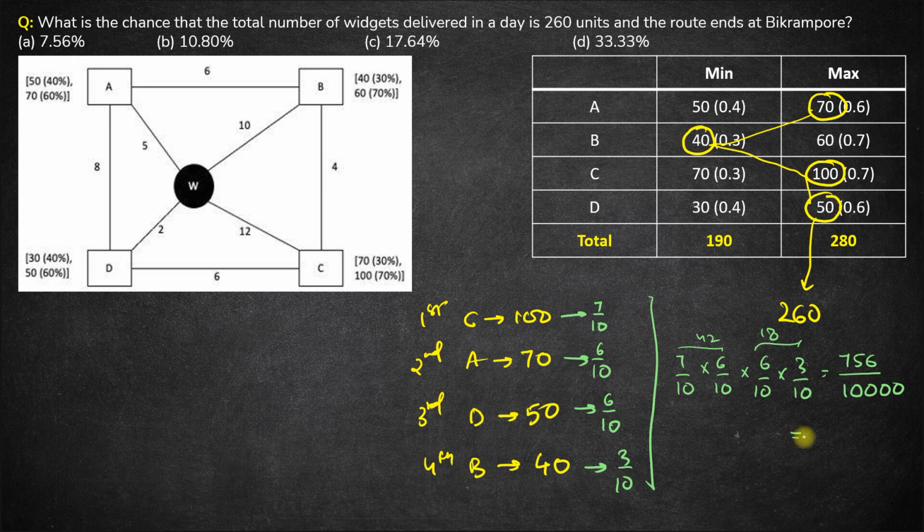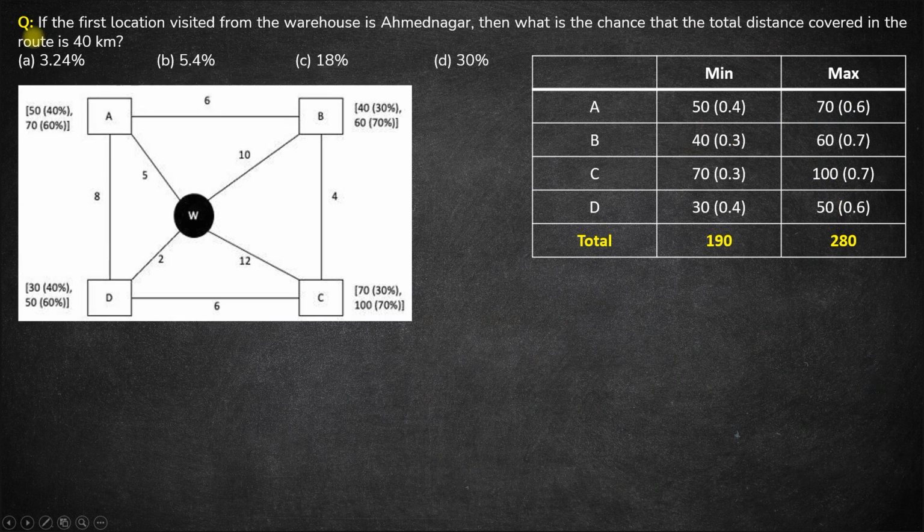So this probability comes out to be 0.0756, and to convert it into percentage we multiply it with 100, so this becomes 7.56%. So the probability that B is the last location to be visited and the total demand is 260 is 7.56, option A. Okay. Moving on to the next question.